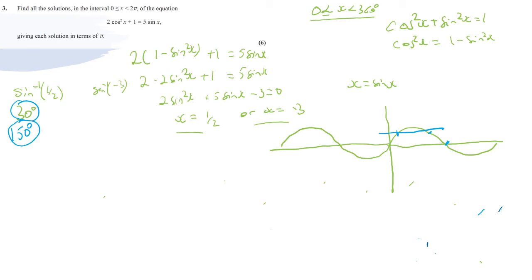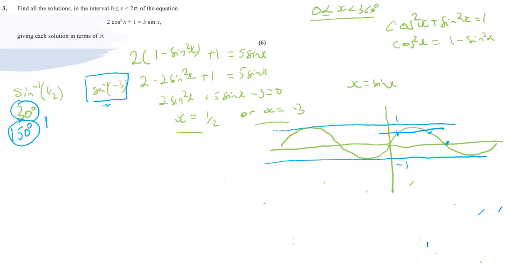Now if you do shift sine of negative 3 on the calculator, it won't work because the maximum value of the sin x graph is 1 and the minimum is negative 1, so it cannot increase more than 1 or decrease more than negative 1. So these are the two values that we have.